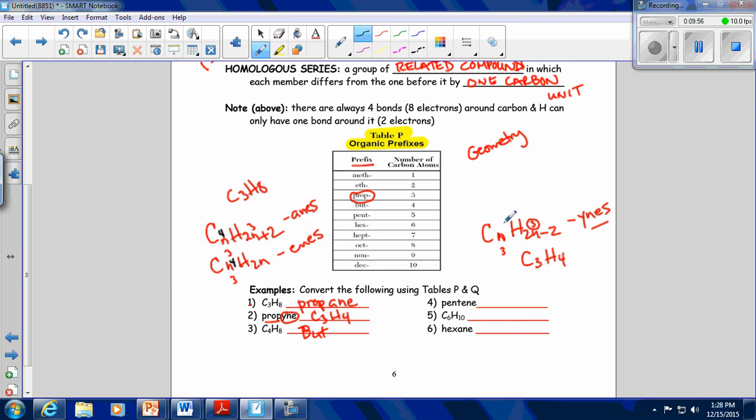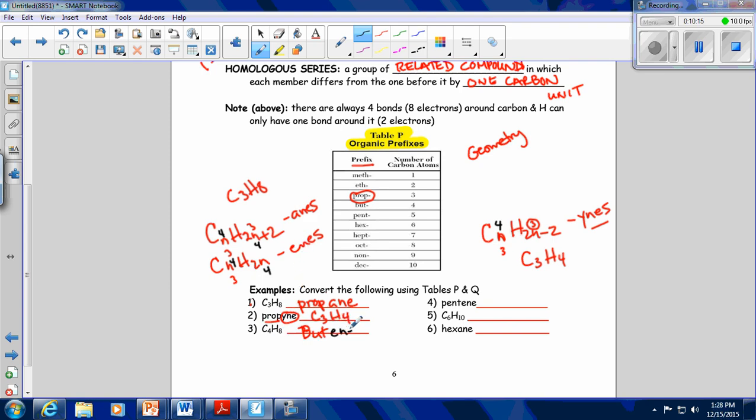We put a 4 in here, and a 4 in there. 2 times 4 plus 2 is 10. That's out. Put a 4 in here. 2 times 4 is 8. That's what we're looking at. So our ending is going to be E-N-E, butene.